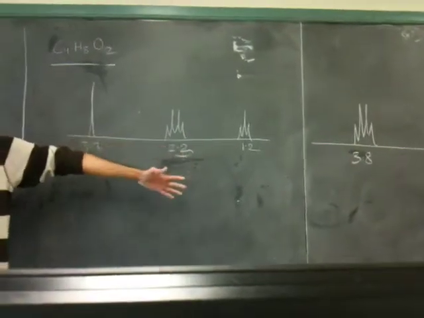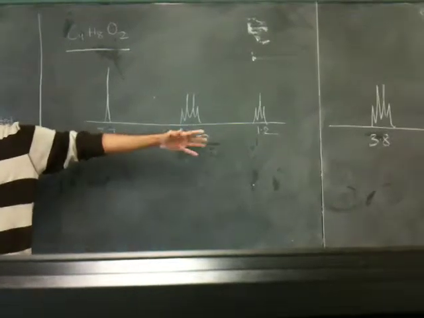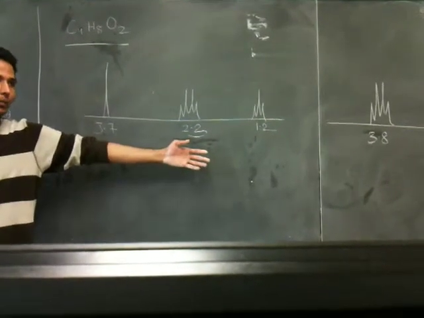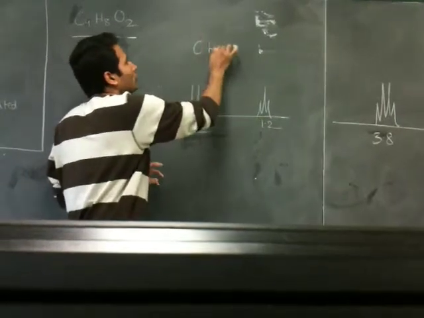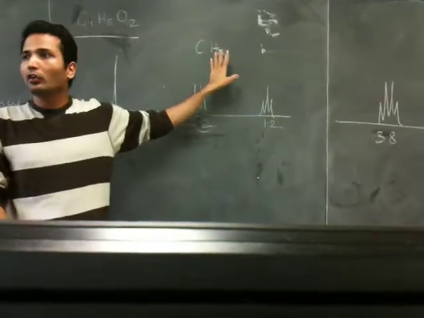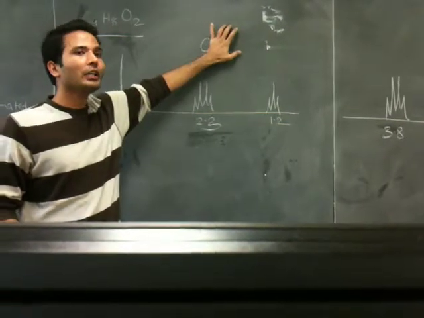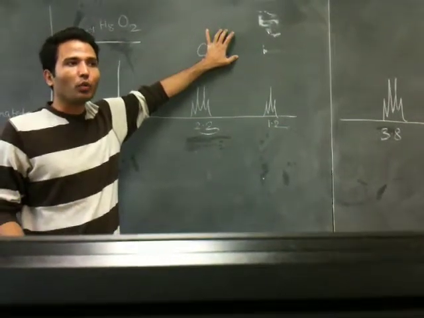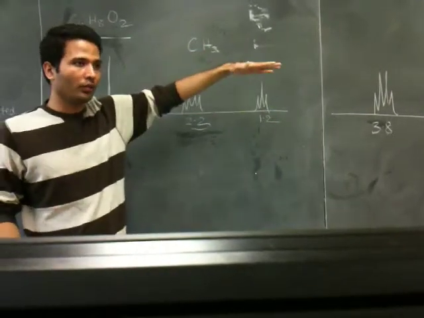Otherwise, it should come around 1.1, 1.2, 1.5, 2.9 or something like that. If a CH3 is not attached to any electron withdrawing group or any electronegative atom, then the peak will always appear around 1.